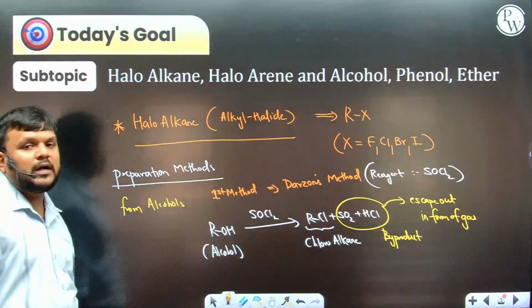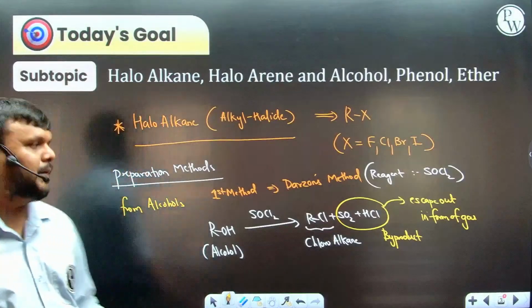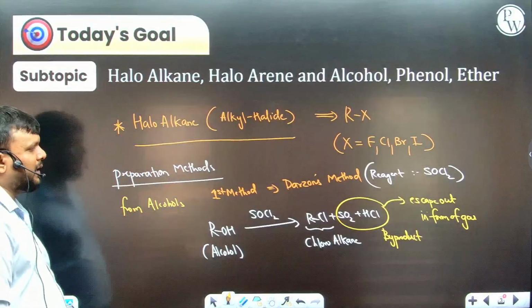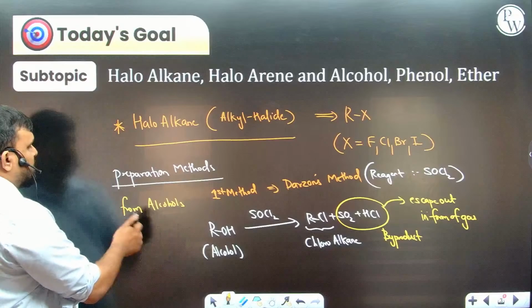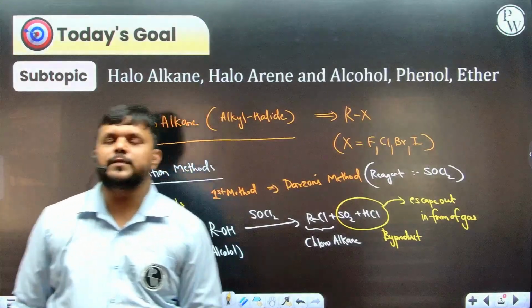That's why Darzan's method is a very good method. It is the best method for preparation of haloalkane from alcohols. So this is the first method, which we call Darzan's method.